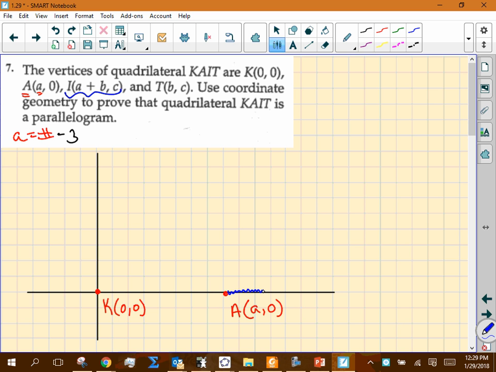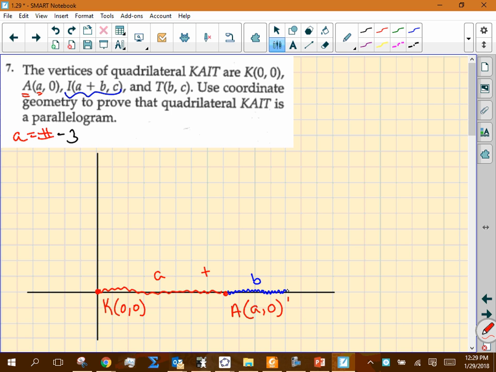Just for my drawing's sake, I'm going to make it a smaller distance. Let's say that's b. So if I go a and add to it this blue b, do you see that you would be at an x value right here? So that's where your x coordinate would be for I.